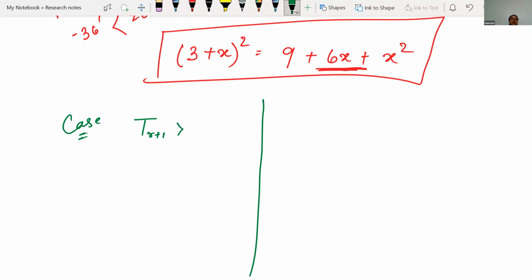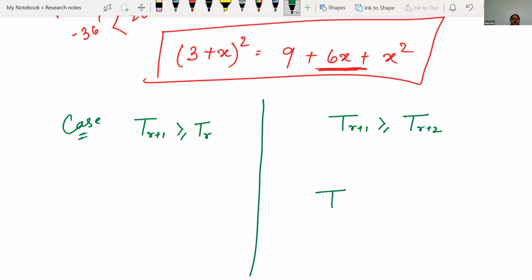So this will be greater than or equal to its previous term, that is the rth term, and this r plus 1th term will also be greater than or equal to the r plus 2th term. Actually, binomial coefficients just increase or decrease in a pattern.